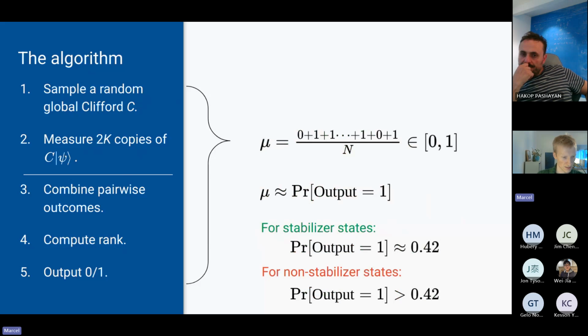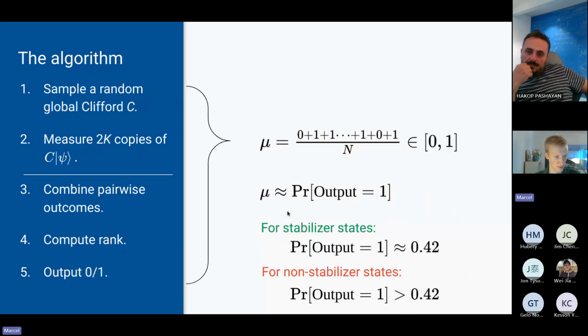Now, for non-stabilizer states, and this is what I would say is our key contribution, we can show that for any other state, the output probability of seeing 1 is larger. And so this explains why the test works.